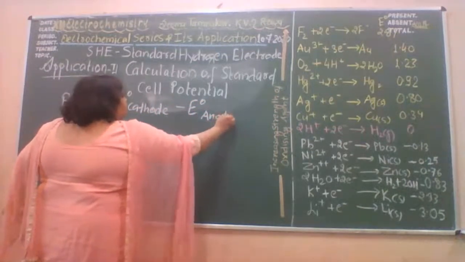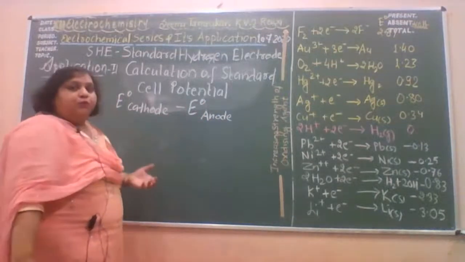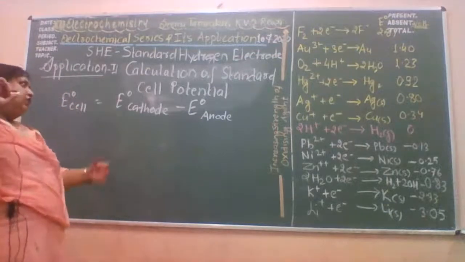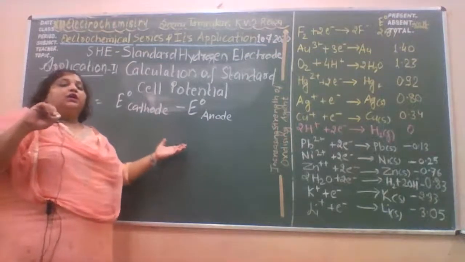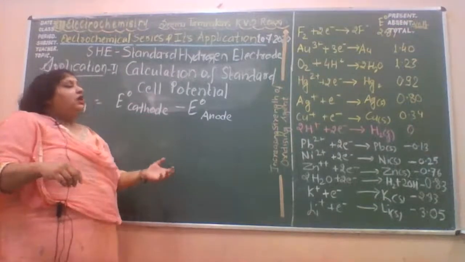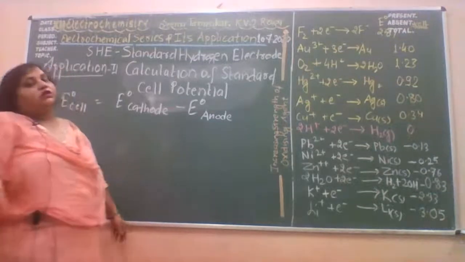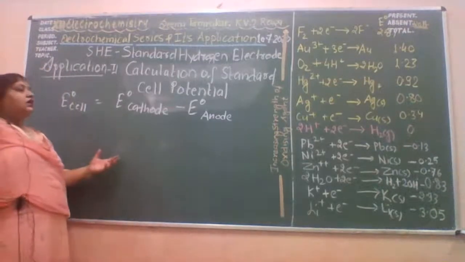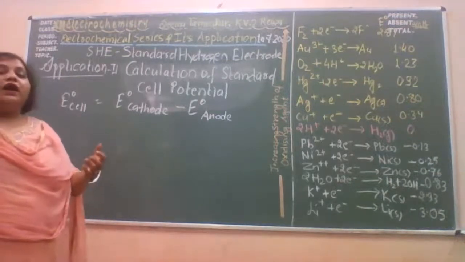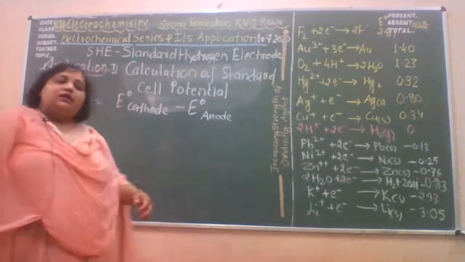This is the concept we have studied earlier. The cell potential is the difference of the cathodic electrode potential and the anodic electrode potential, and because of this difference only the current flows in the galvanic cell, as an outcome of the flow of electrons as electrical energy.